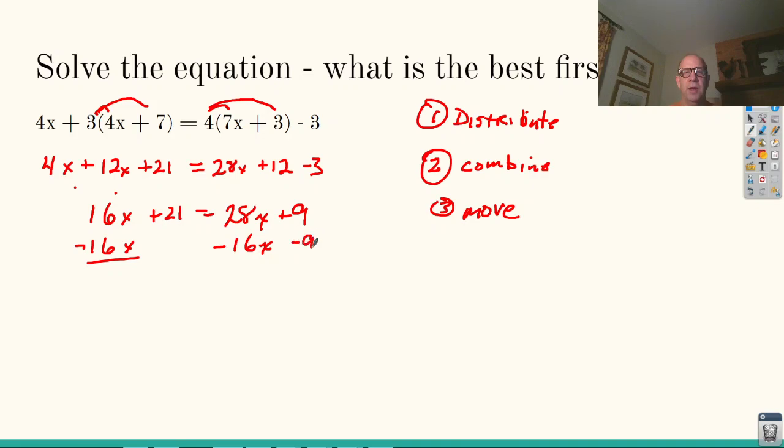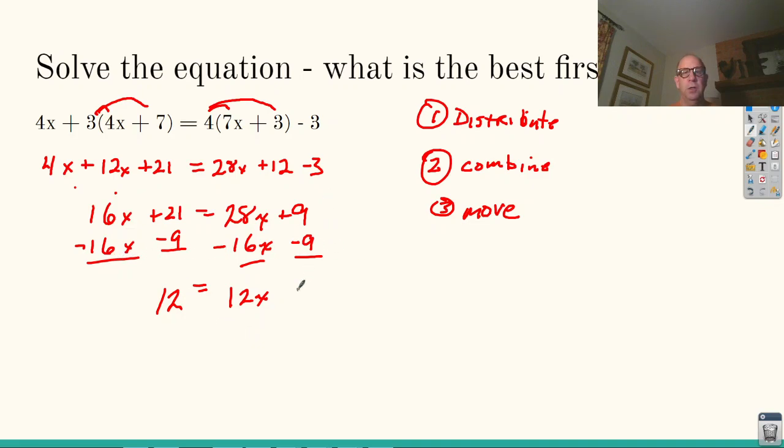So I'm going to subtract 9 and subtract 9, right? So 28 minus 16 is 12x. And 21 minus 9 is, what is that? 9, 10, 11. So that's 12. 12 plus 9 is 21, right?